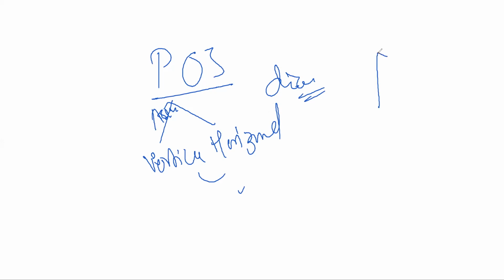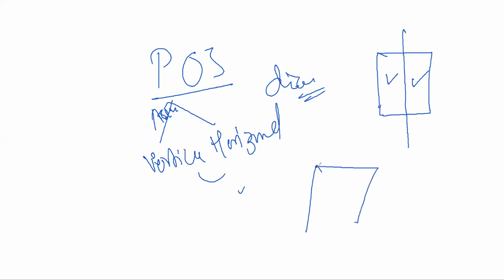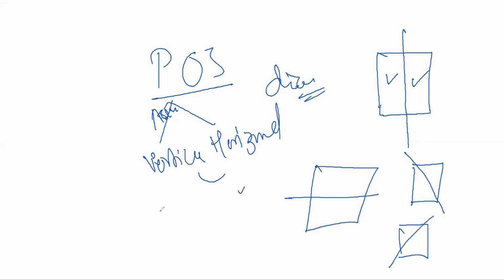That means if we are dividing a crystal by a plane and it is retaining equal halves on both sides, that will be a plane of symmetry. It could be like this, it can be like this, or like this.